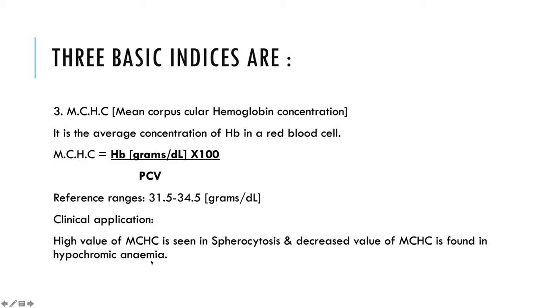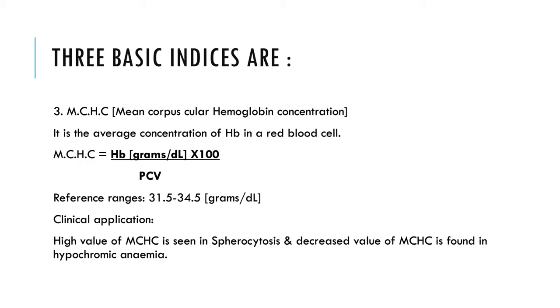So this is up to today's class, and one more part is left, that is number 4. The basic index number 4 is called the RDW. And what is the meaning of RDW? That is red cell distribution width. That means what is the size of the red cell? It is also very important, but in your CBSE study material nothing is given about the RDW.